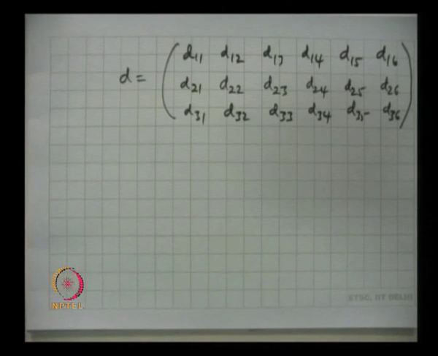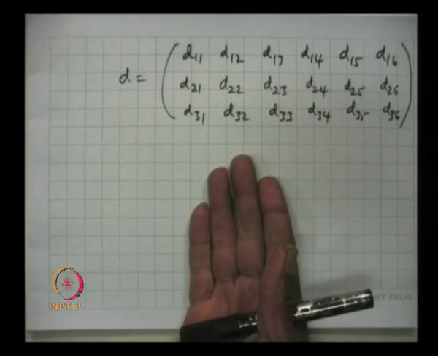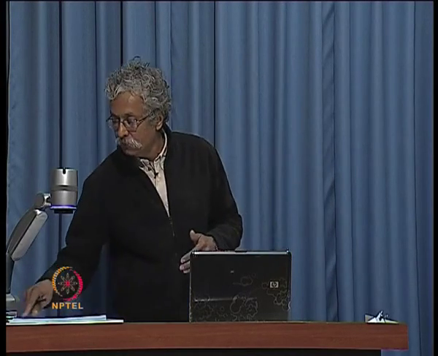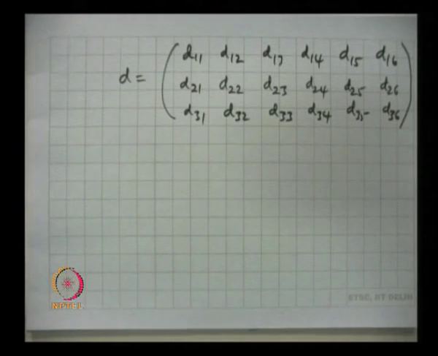Now, if you know the symmetry properties of the crystal, that symmetry property must be exhibited in the properties of the medium. So, I can actually use the symmetry properties present in a crystal to find out which of these elements are 0, which of these elements are equal to each other, which of these elements are negative of each other and so on. So, I apply symmetry operations, I know the symmetry properties of my crystal.